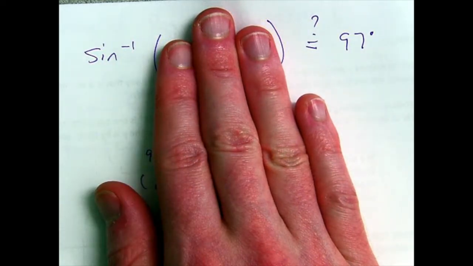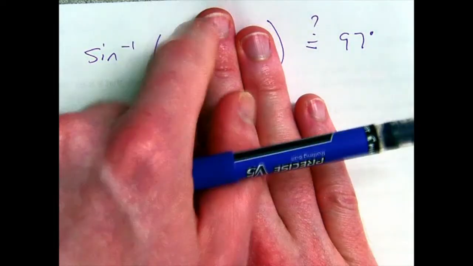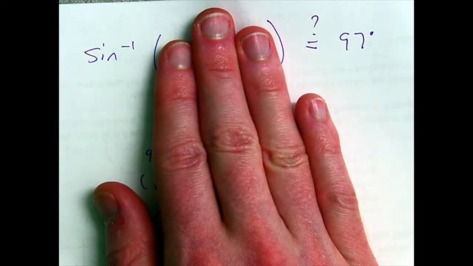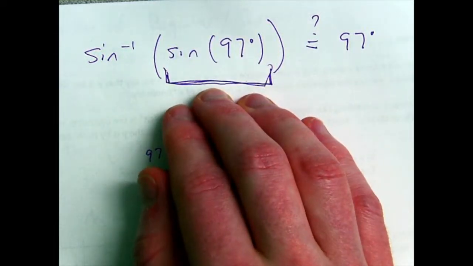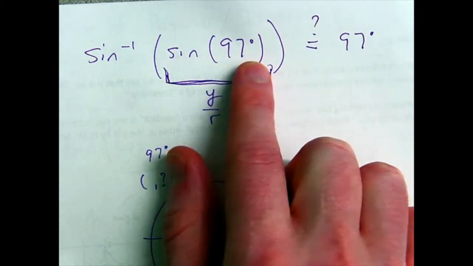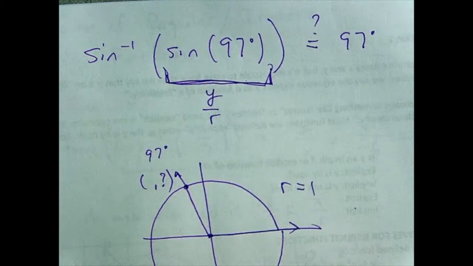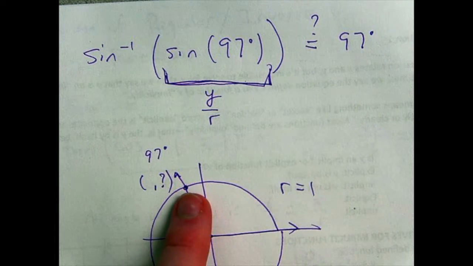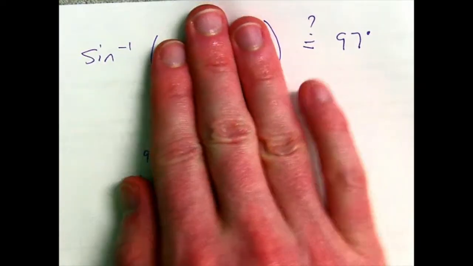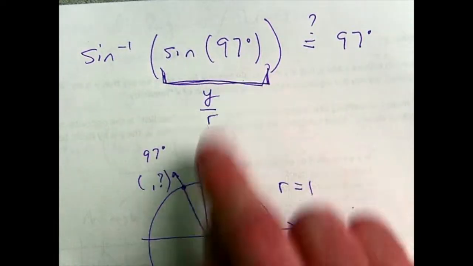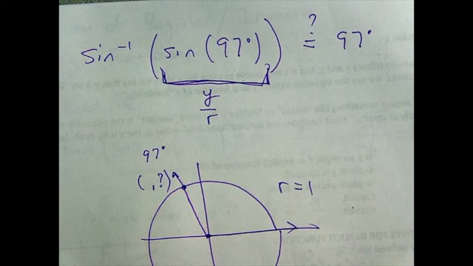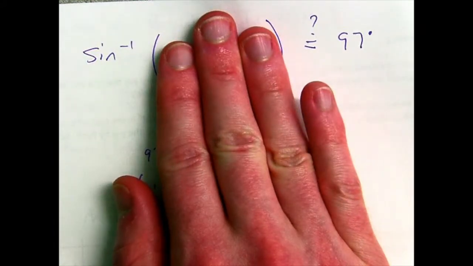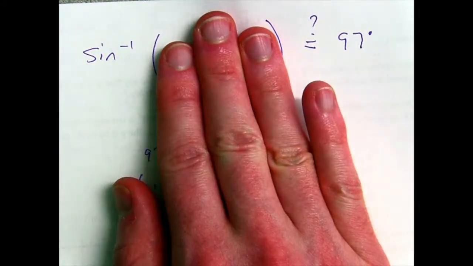That produces an angle whose sine is the number underneath my hand. That number is sine of 97, the y-coordinate of this point. So certainly an angle whose y-coordinate is this number would be 97 degrees.